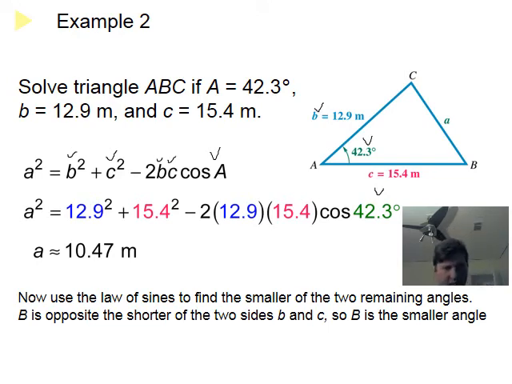Then you can use law of sines for the other ones. Yes, this is what I was mentioning earlier. We want to use the law of sines for the smaller of these two angles. If we use it for the larger one, this is where things get tricky. I wonder if I can draw this picture well.